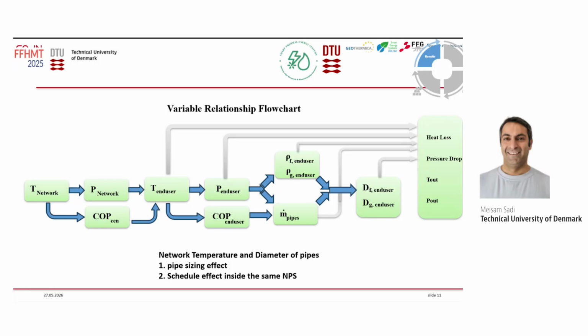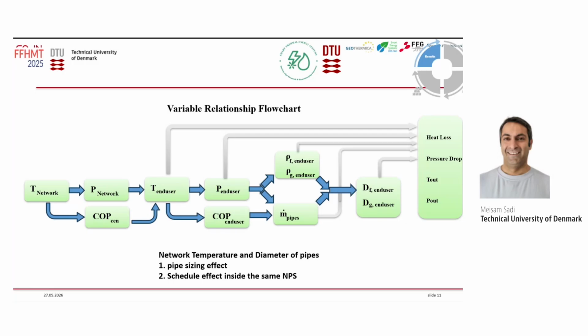Also, the mass flow rate of the CO2, the density of the working fluid, the diameter of the pipes, the heat loss and the pressure drop. Because we have a lot of pipes in the network at different locations with different sizes, when we want to do the calculation, we should do it pipe by pipe, from one pipe to another.